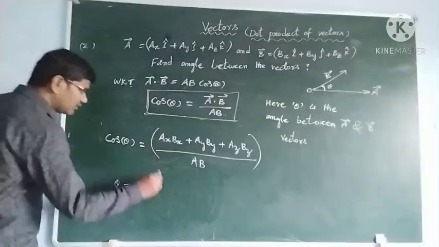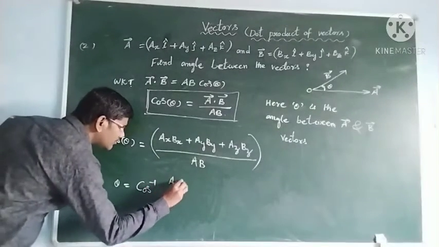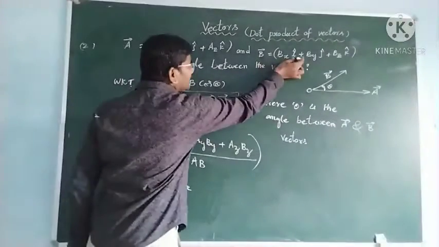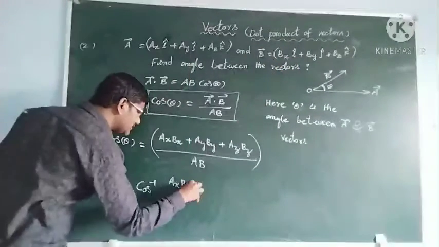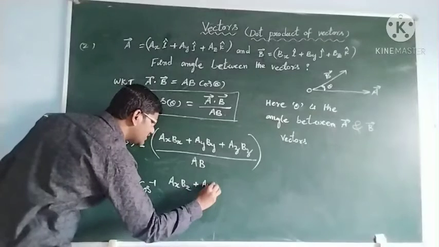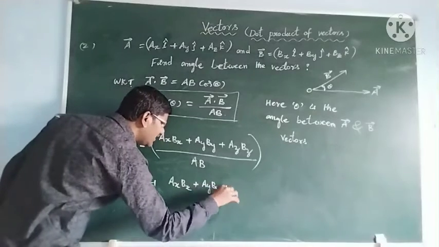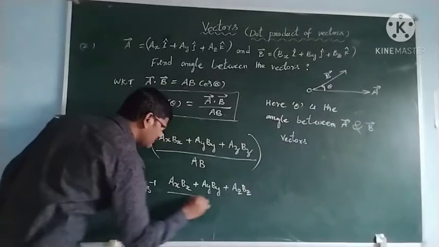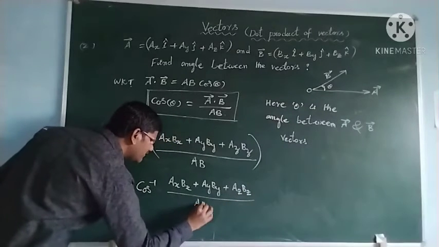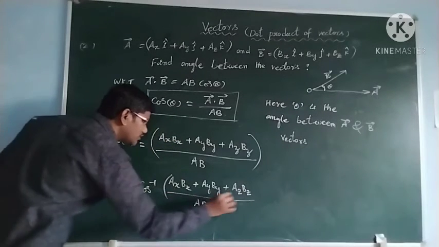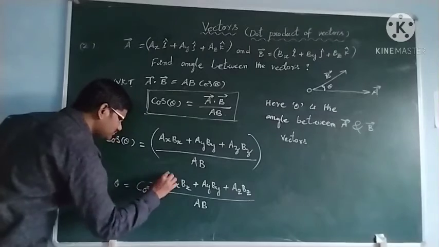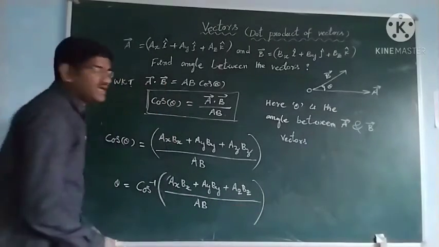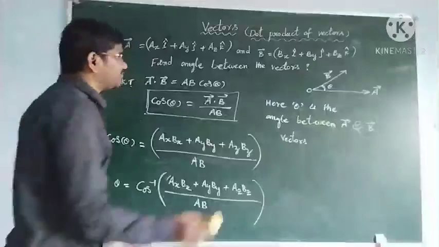So theta is equal to cos inverse of ax into bx, the i cap coefficients, plus ay into by plus az into bz, by the magnitude of the first vector into the magnitude of the second vector. So that is about the angle between the two vectors.